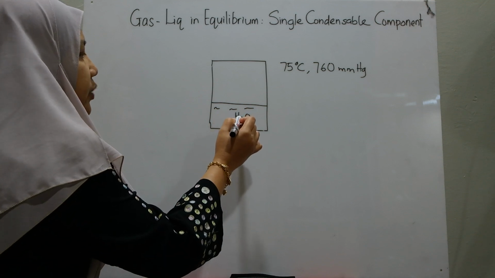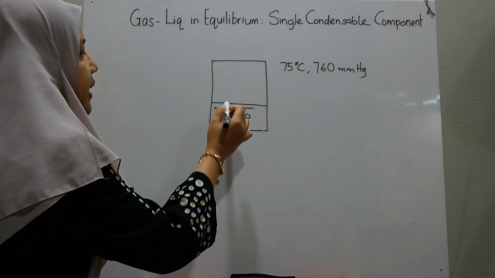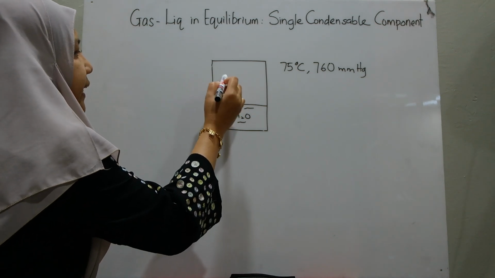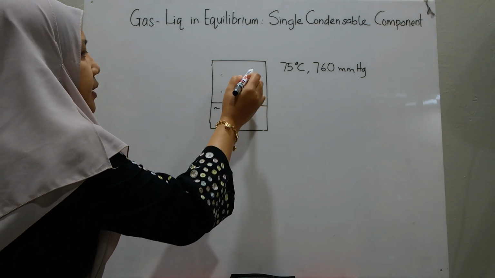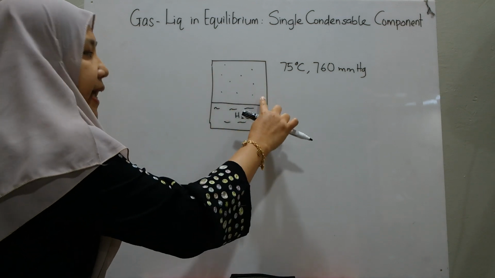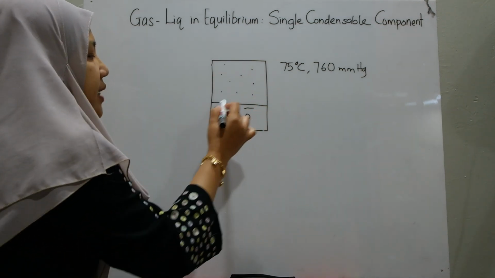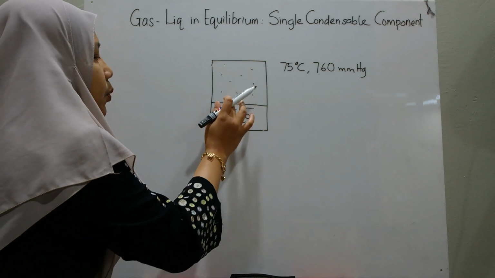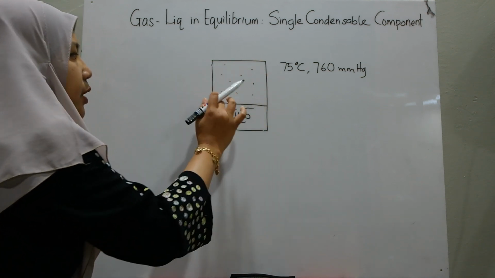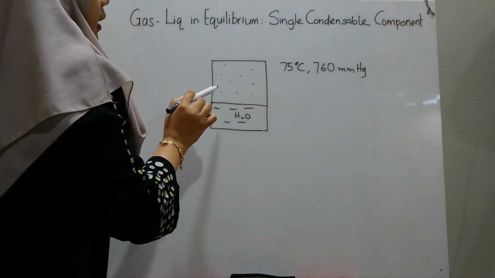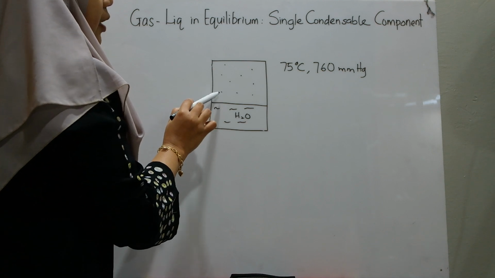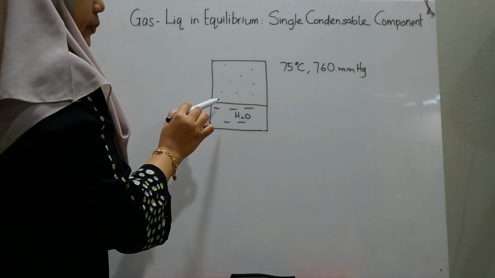As time goes by, water will start to evaporate, and water vapor will be in the gas phase. Initially it's just air, but when we start to introduce water, and as time goes, the gas phase will be filled with water vapor that evaporates.